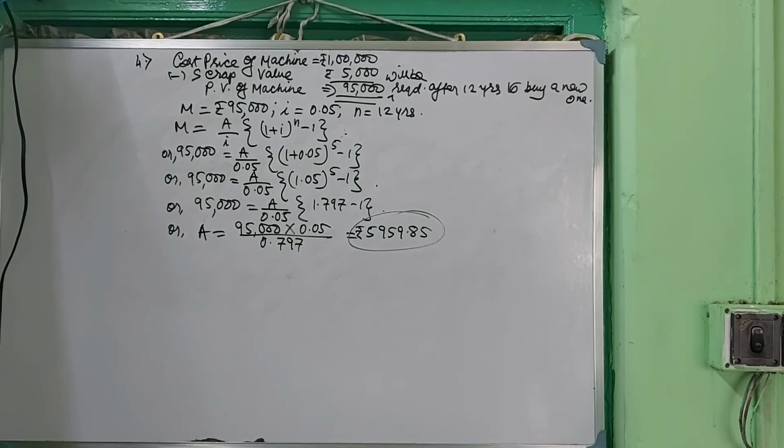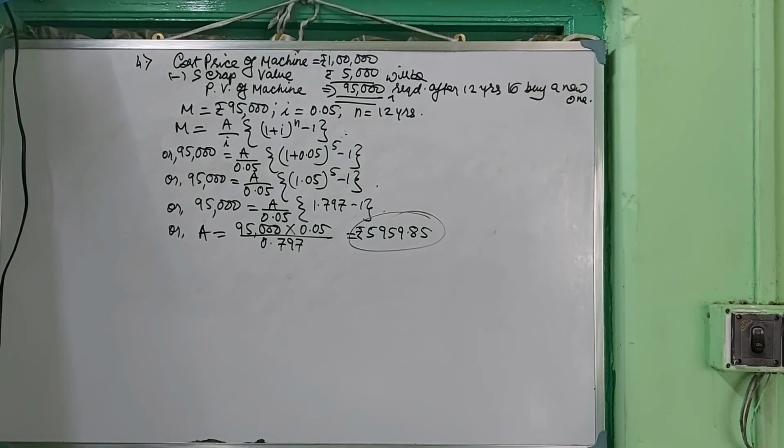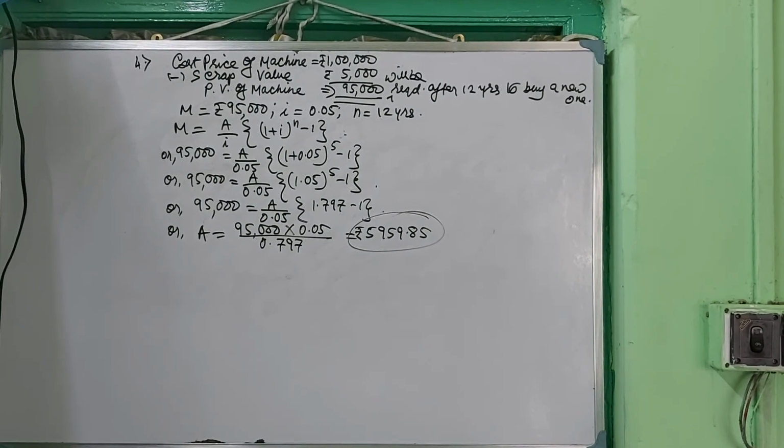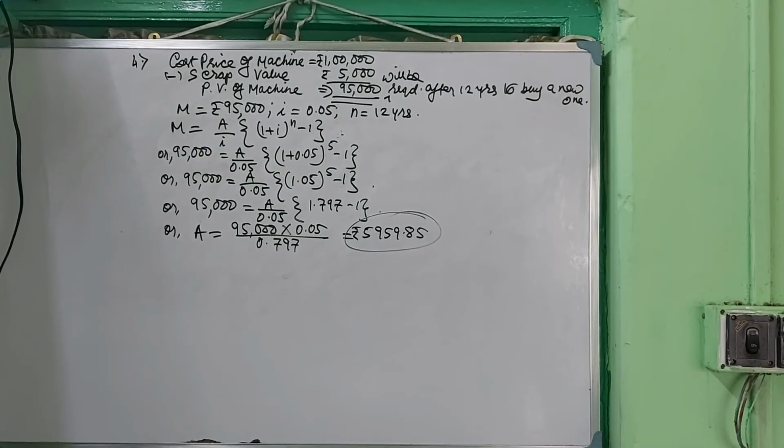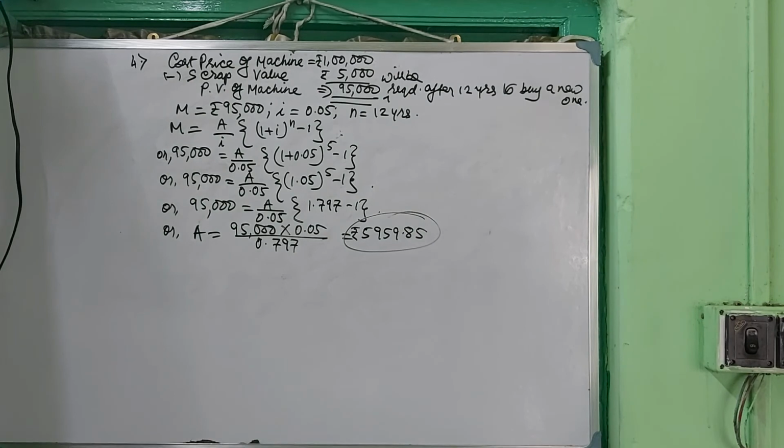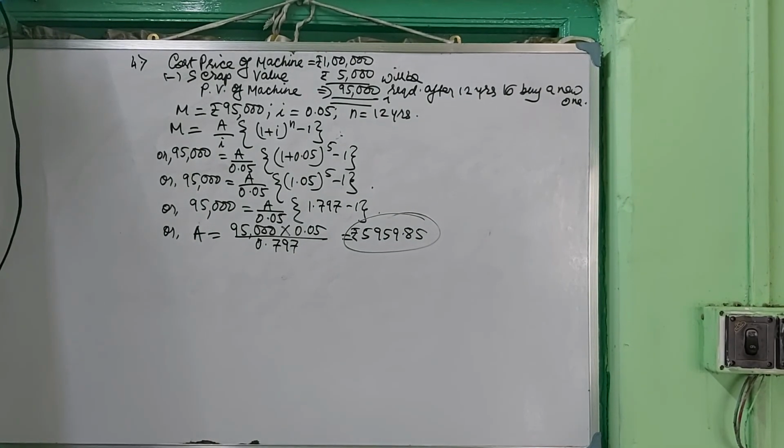We know LIC endowment plan, like you have to pay a fixed amount at a certain period of time, after a certain period of time you will be getting the return with the amount of investment and the bonus. That is what endowment plan talks about.